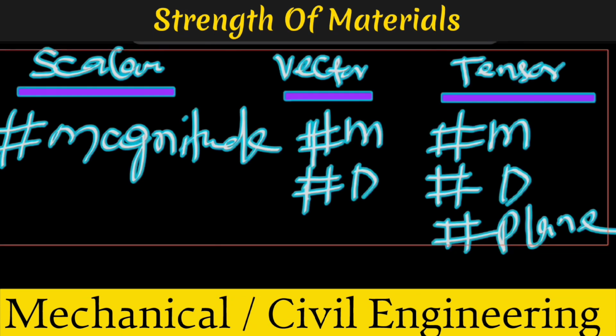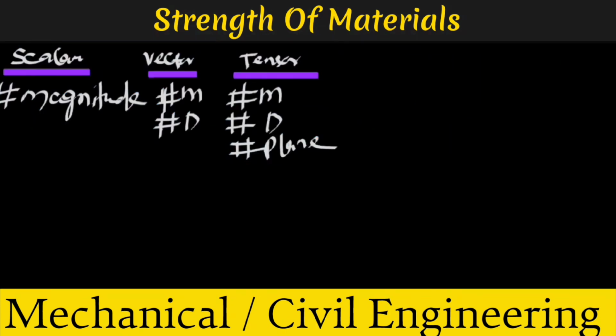So here we get to know that a scalar quantity has only magnitude, and the vector quantity has magnitude and direction.